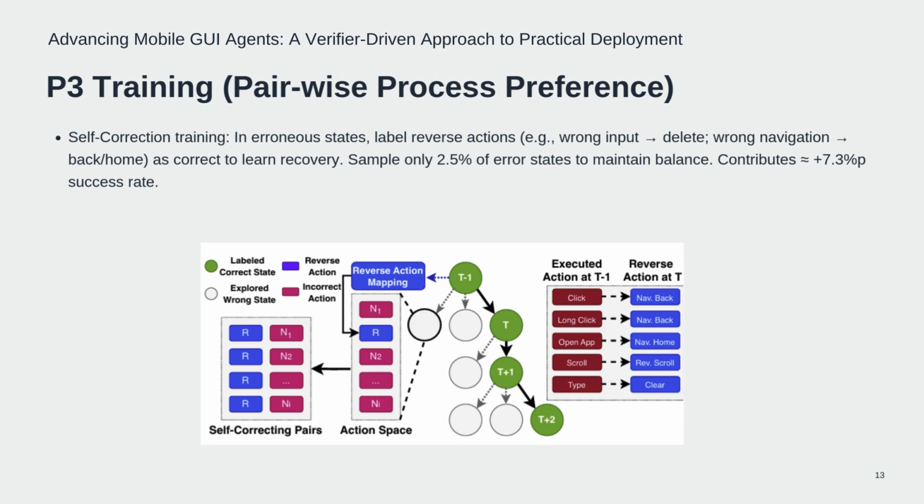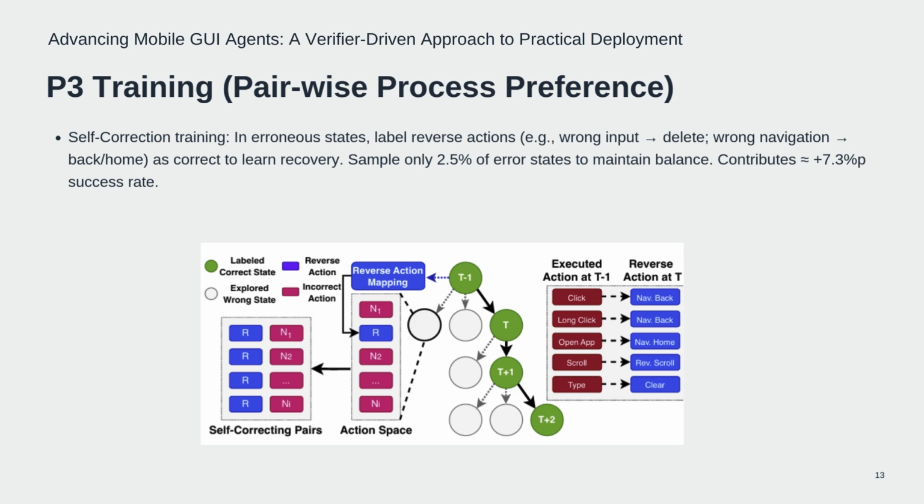They also added one more clever twist to the training, which we call self-correcting training. This was designed to help the agent recover from mistakes during execution. The idea is, suppose the agent did something wrong at a step, say it entered the wrong text or navigated to the wrong screen.